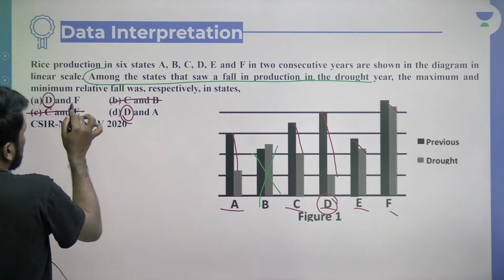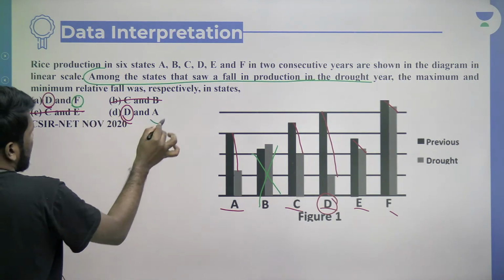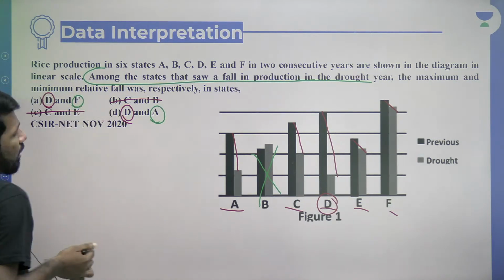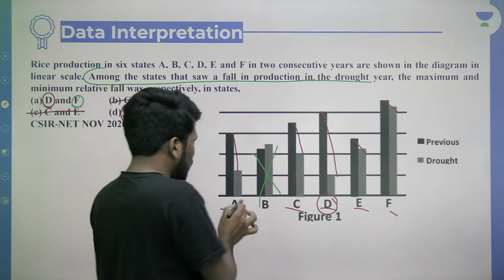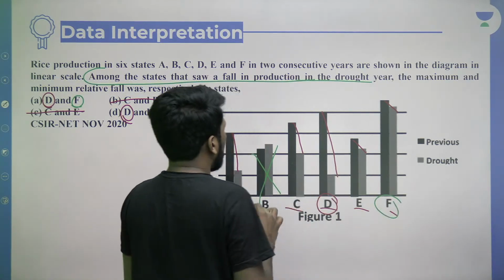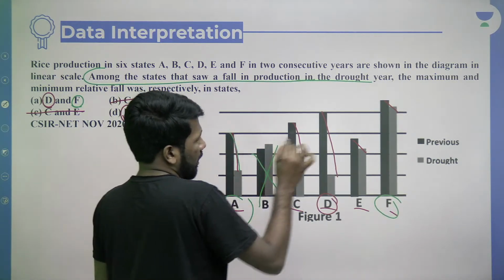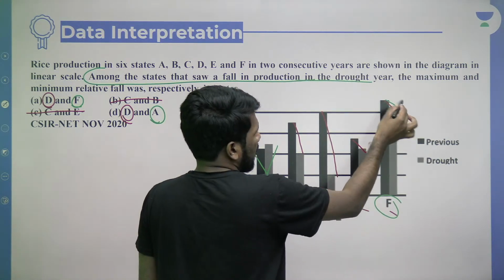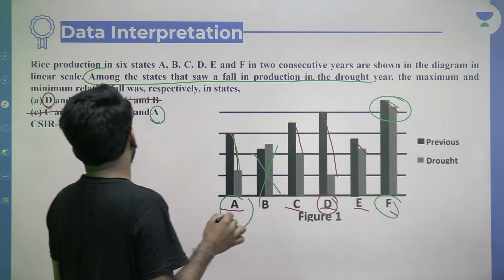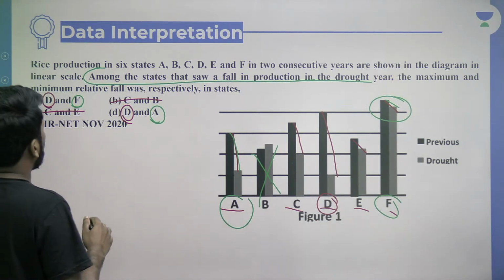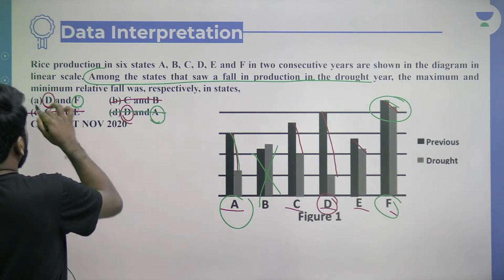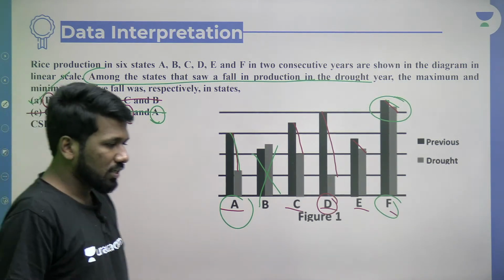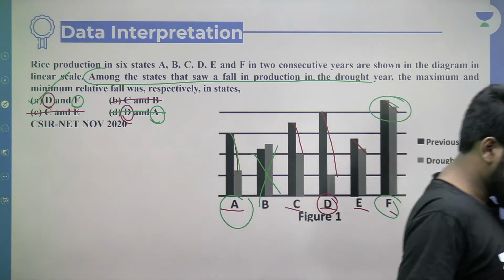Now only 2 options, 2 possibilities are left. A having minimum fall, F having minimum fall. So only look at A and F to save more time. A's fall is this much, F's fall is this much. So clearly the smallest fall is F. Minimum fall is F. So clearly option A is the correct answer. Is this clear, all of you? Please respond.